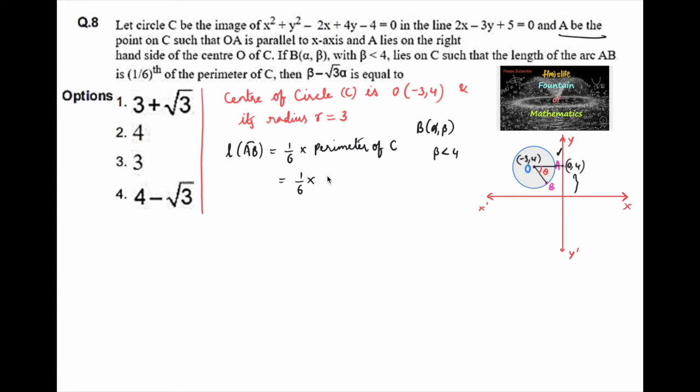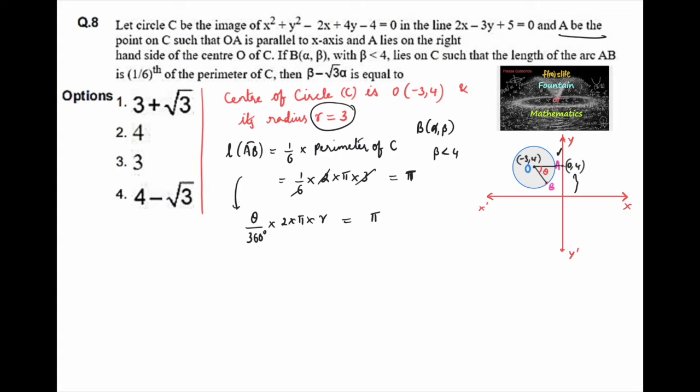So we can write perimeter of the circle is 2 pi r, 2 into pi into radius r is equal to 3 units. So 2 into 3, 6 get cancelled. So length of arc is pi. And also we know that the length of the arc when theta is an angle is theta by 360 degrees into 2 pi r, and the length is given as pi.